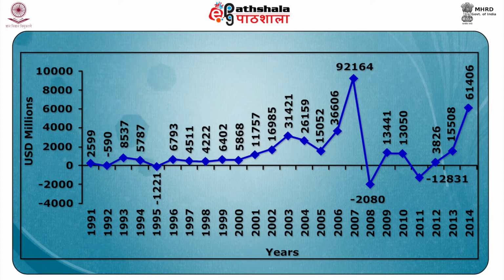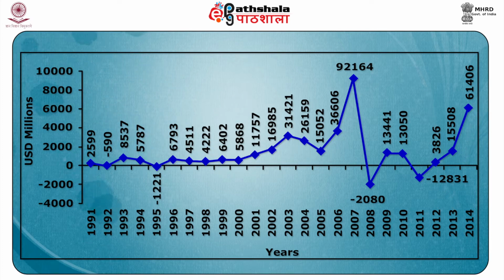The start of economic reforms in 1991 increased the balance of payment from negative $2,492 million in 1990 to positive $2,599 million in 91.